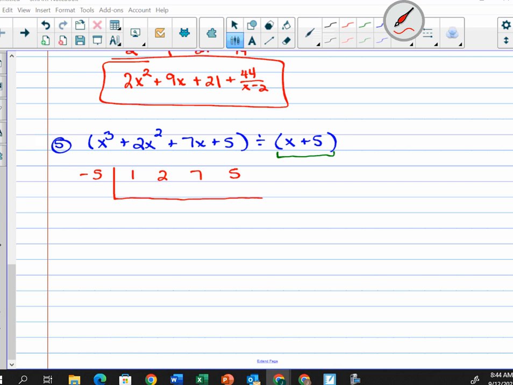Check your remainder with your neighbors, see if you got the same thing. I heard a 45. It's not a remainder of 45.